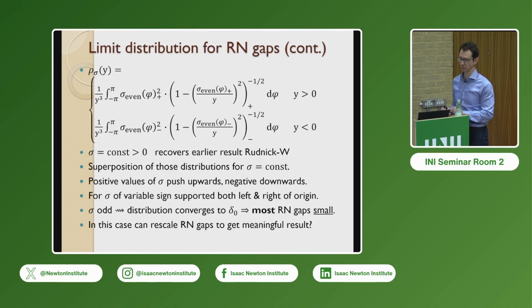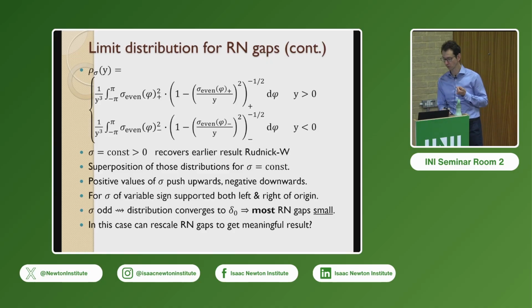Everything here is in terms of sigma even. If sigma is odd, then the corresponding distribution converges to delta at 0. It means that most, not necessarily all, Robin and Neumann gaps are small. It does not mean that they all vanish identically, or that a positive proportion vanishes identically, just that they are converging to 0, and most of them. But it doesn't say anything about all of them.